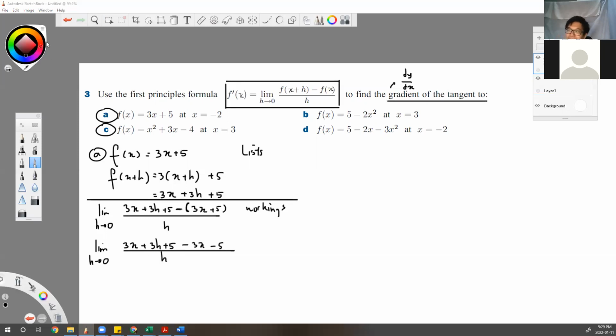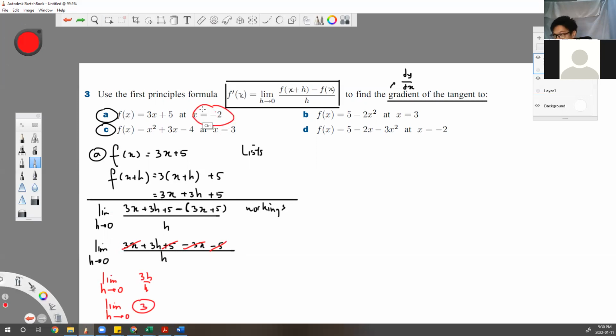Why is it crossed out? Yes, because it has the different sign, 3x and negative 3x, 5 and negative 5. And then the answer will be 3h over h. So limit h near to 0 equals 3. So at x equals negative 2, what is negative 2 here?